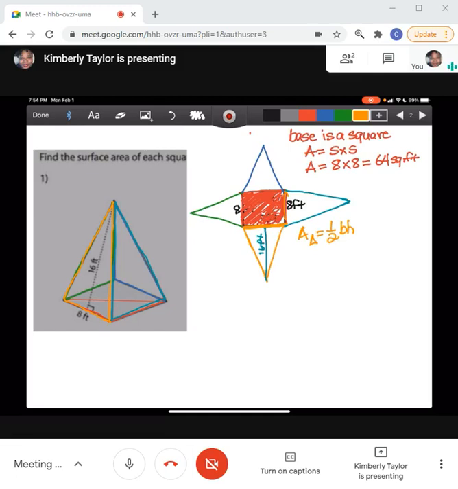The height of the triangle is 16, and that's going to be true for each one of the triangles. So A equals 1/2 times 8 times 16.